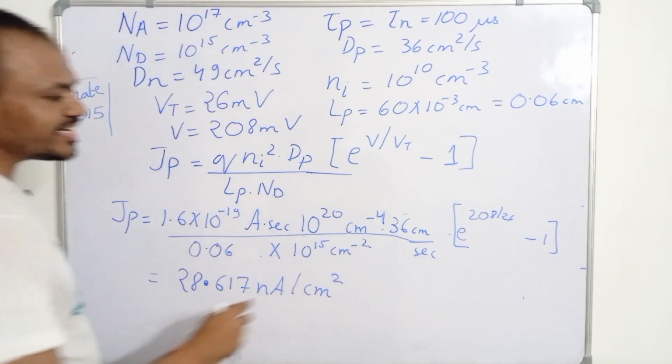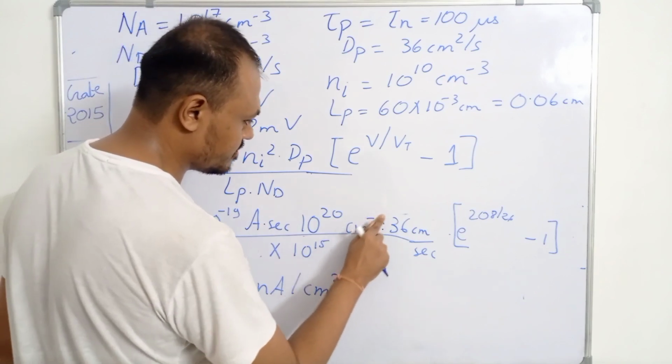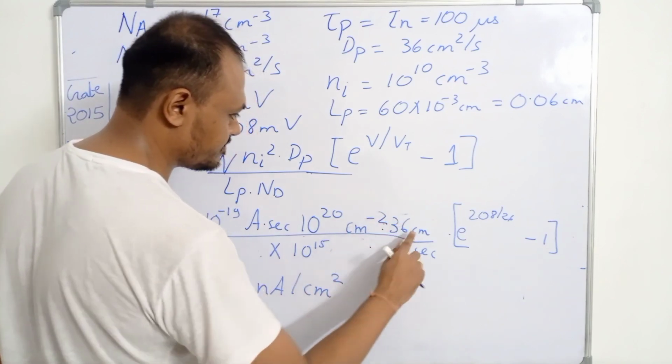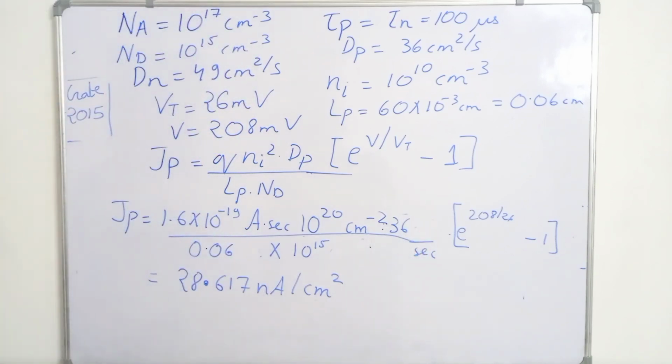So if you solve it, it will become per centimeter square, and then second and second will also get cancelled. So the answer will be 28.617 nanoampere per centimeter square.